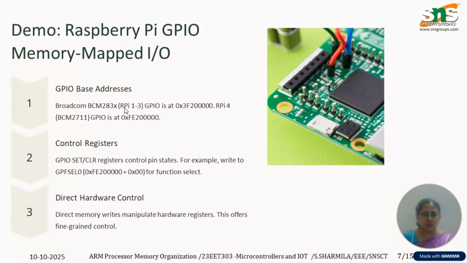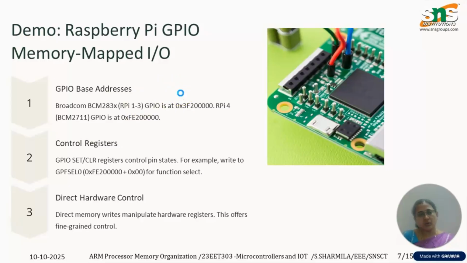By writing to registers at offsets from this base, like the function select register, we can directly set a pin as an input or output. This gives us fine-grained hardware control.